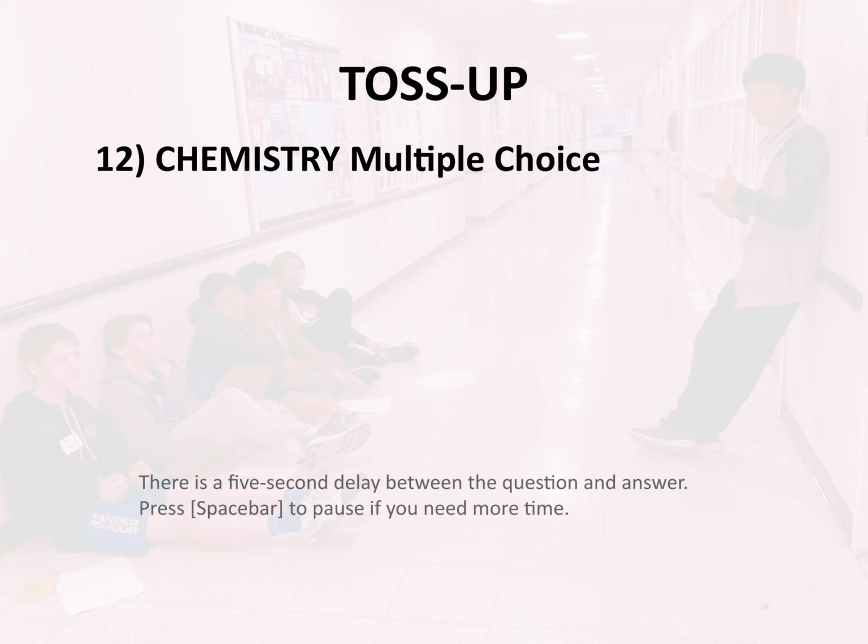Toss-up 12. Chemistry. Multiple choice. You are asked to investigate a gaseous sample that is composed of a variety of different atmospheric gases. Which of the following gas laws could provide information about the relative composition of the gases? W, Avogadro's law.